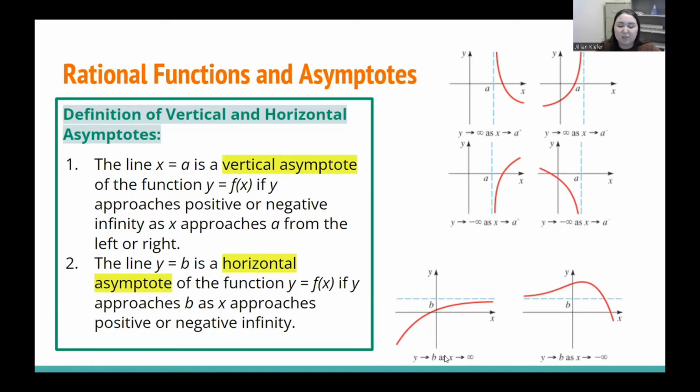We see that on this first one, y approaches this value of b as x approaches infinity. As we go towards infinity, our function approaches this value. But we also see y approaches b as x goes to negative infinity. We've only defined this statement for negative infinity.